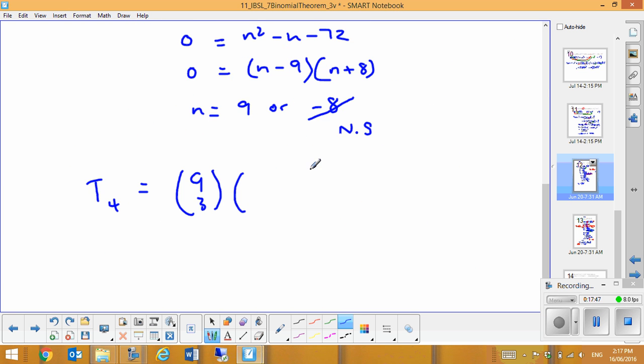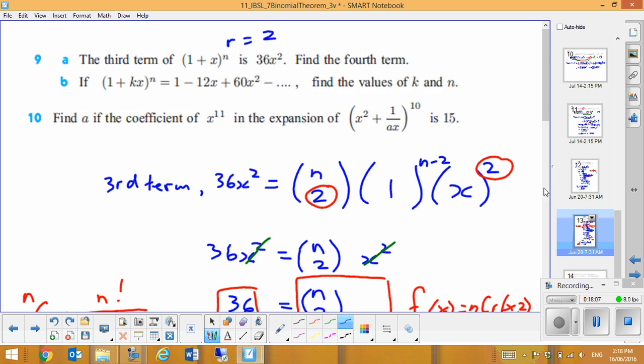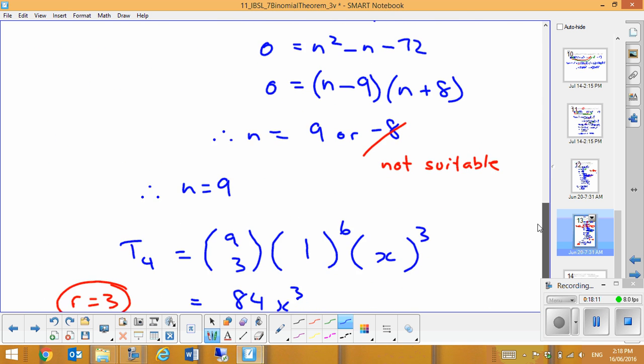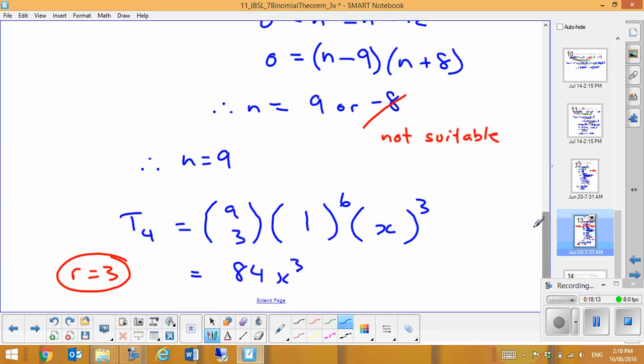Good. 1 to the power 6, x to the 3. So therefore you need to put that in your calculator. 9C3 x cubed, and when we check with the answer that we did in class, putting that in your calculator, 9C3 comes out here as 84 x cubed.